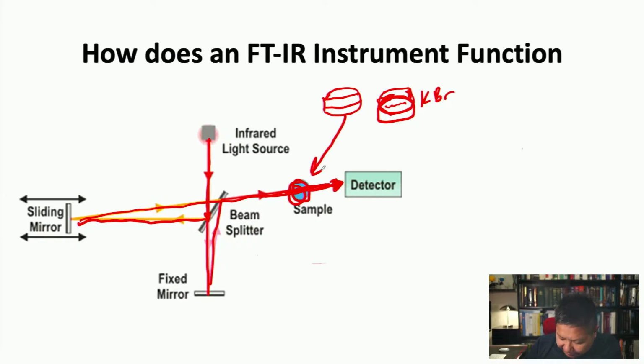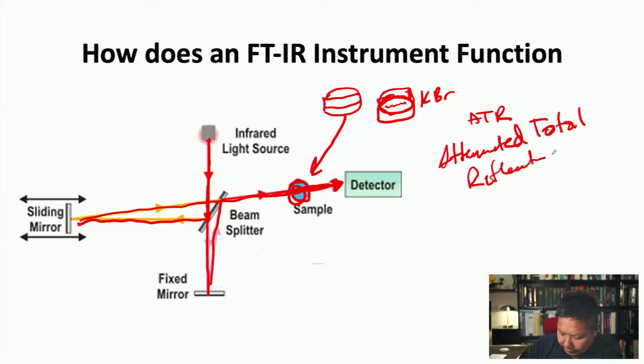So they invented this thing called the ATR, and that stands for attenuated total reflectance. It's a different way, right?